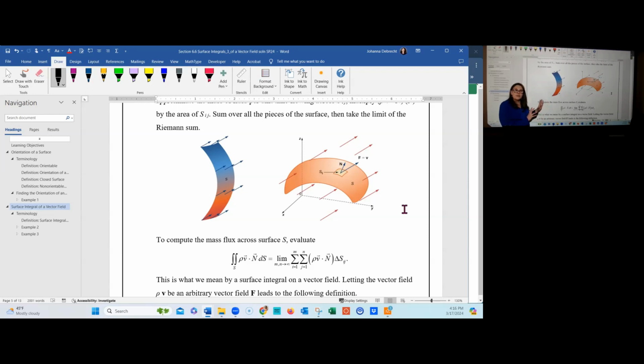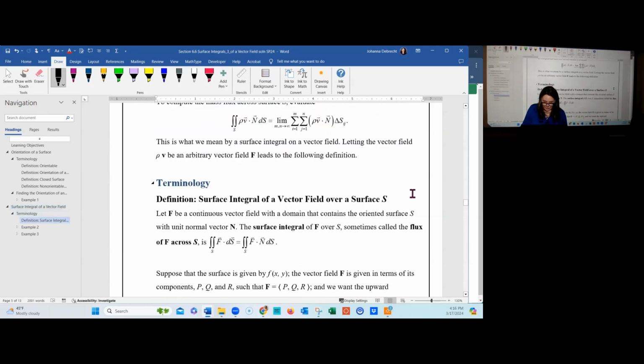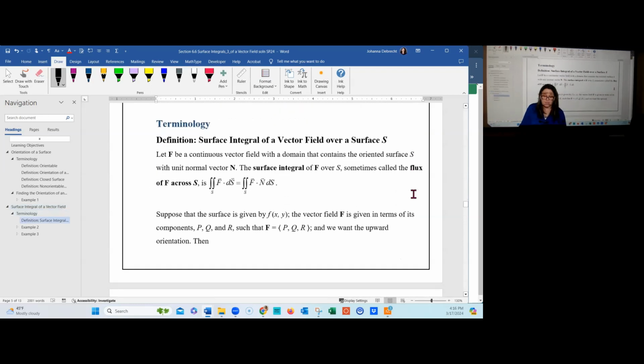If we allow the vector field rho times v to be just some arbitrary vector field F, it leads to the following definition for the surface integral of a vector field over a surface S. We start with a continuous vector field with a domain that contains the oriented surface S with unit normal vector n.